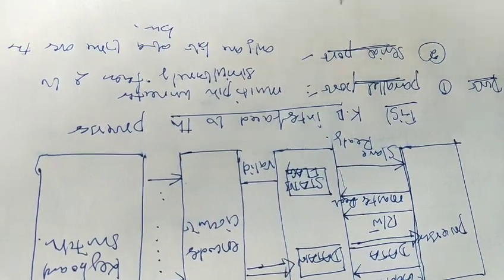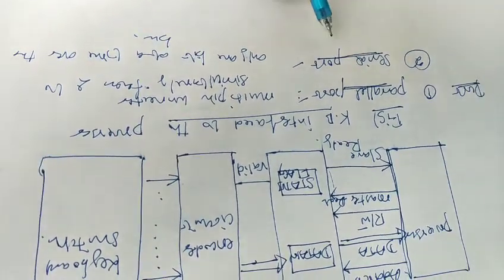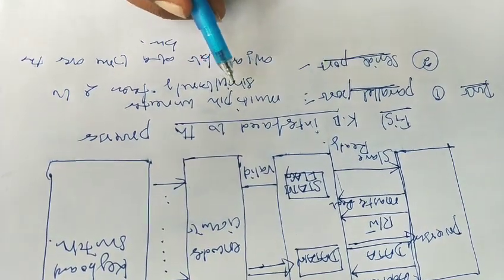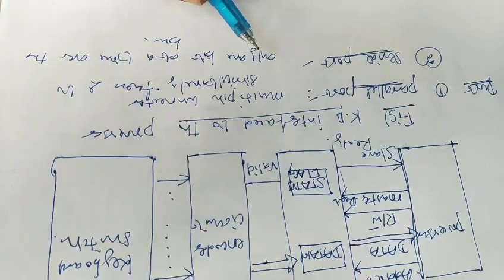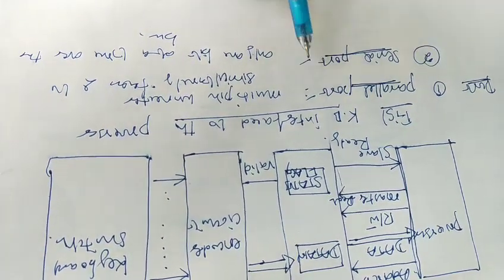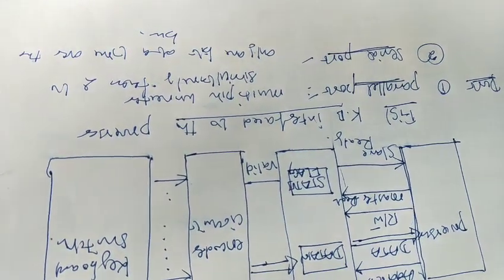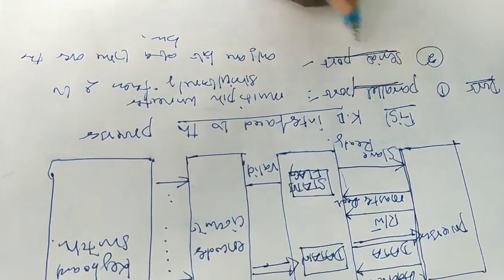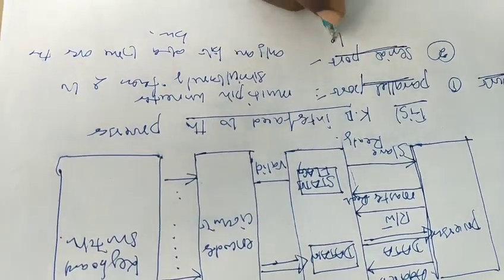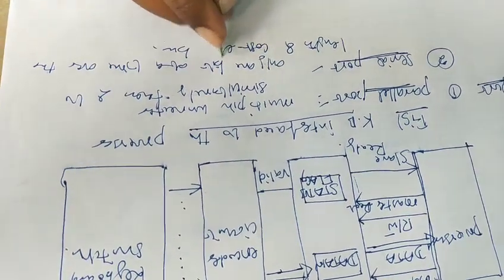Then the question arises: where in the computer system do we use parallel and where do we use serial? Since the parallel port is a multi-pin port, whenever a component is very close to the processor, we prefer to use the parallel port. Whenever the external device or component is far away from the processor, we have to use a serial port, since with a serial port the wire length is shorter and it is cost effective.